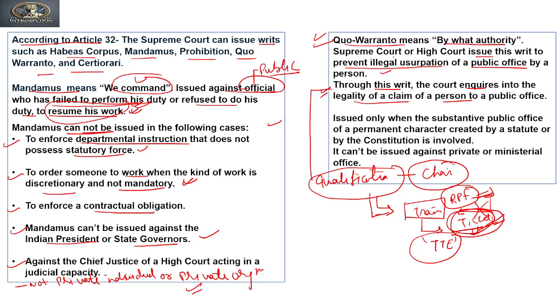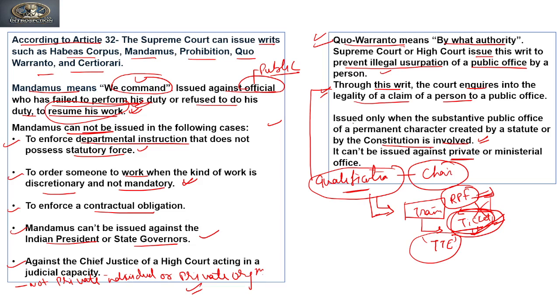So through this, the court inquires into the qualifications, by what authority you are holding the chair, right? And if the person has no qualifications to hold the chair, the court will ask him to vacate the chair. Clear?